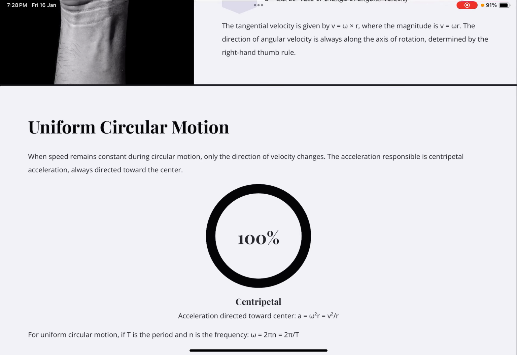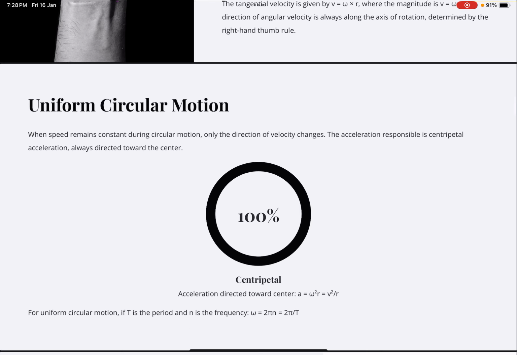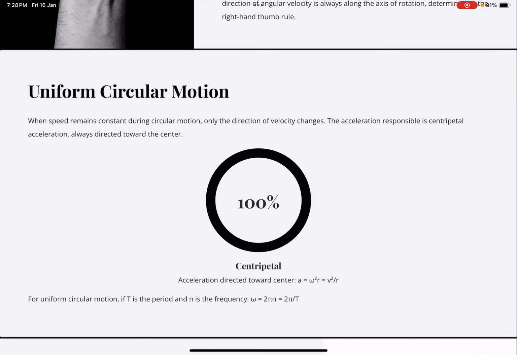What differentiates regular circular motion and uniform circular motion is that in uniform circular motion the speed also remains constant, and what changes is only the direction. So the velocity changes, but the change in velocity is because of the direction and not because of the speed. Speed remains constant, that is uniform circular motion.